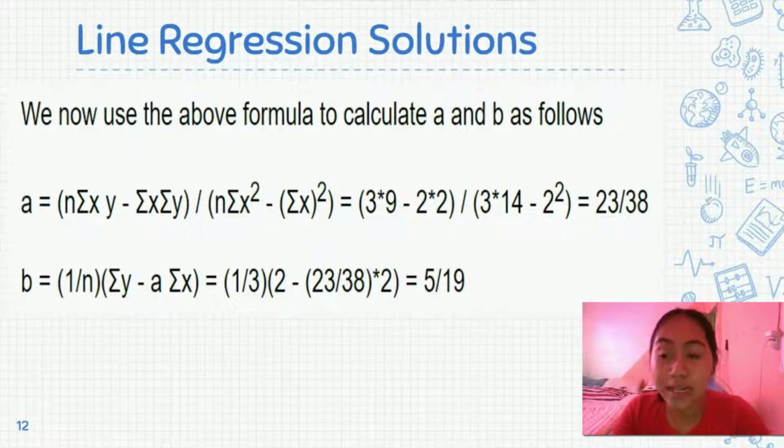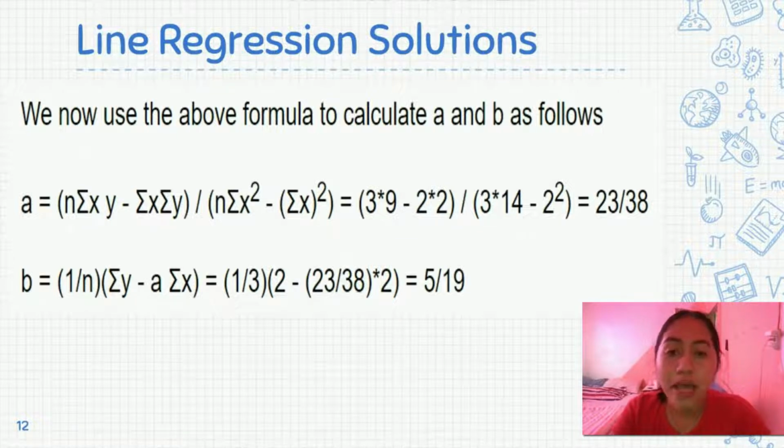And then we can now use the formula to calculate a and b as follows. Using the formula, n times the summation of xy minus the summation of x times the summation of y, divided by n times the summation of x squared minus the square of the summation of x.